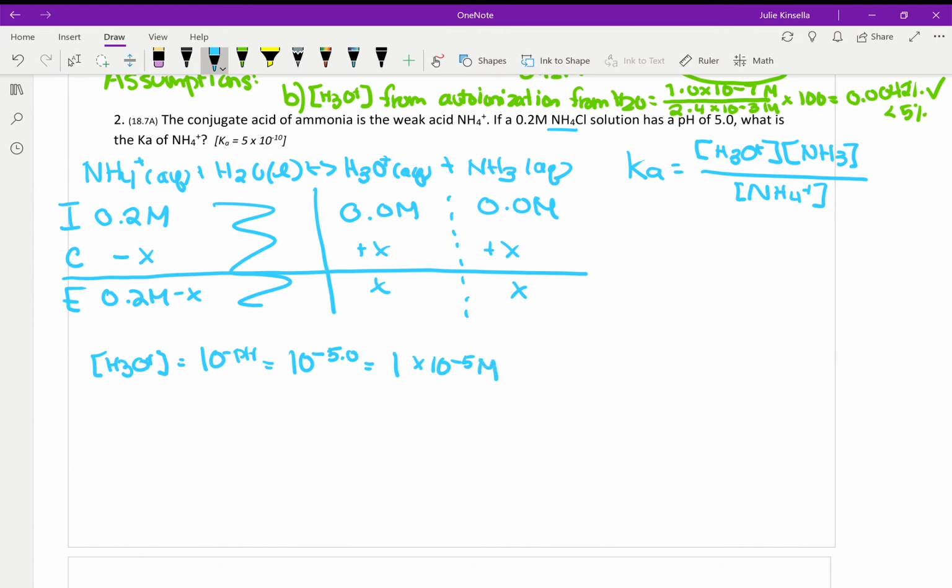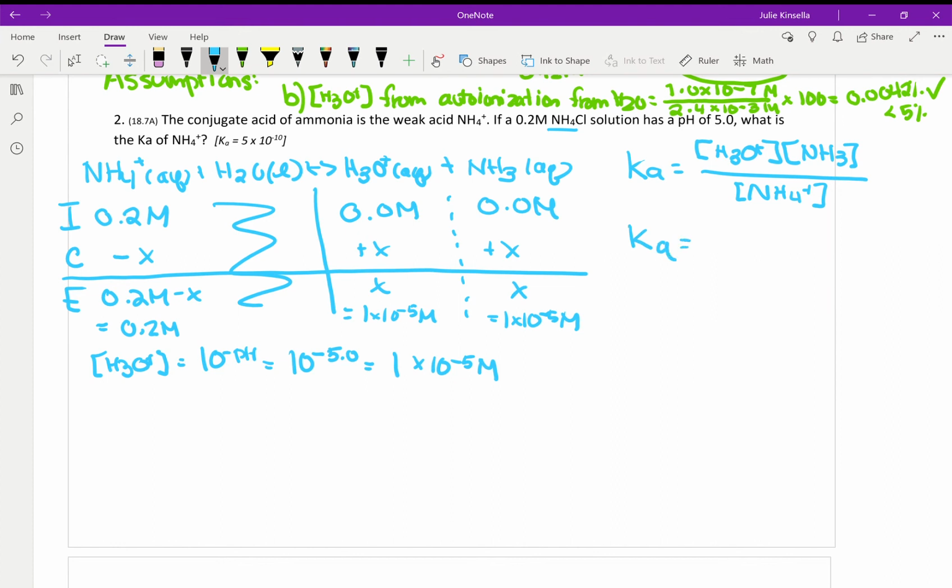All right, we can go ahead and plug that into our ice table. And same thing in this case, that is going to be much less than 5% here. So if we simplify this, we're still going to end up at 0.2. All right, now that we have all of our values, there's nothing else we're looking for in the Ka expression, so we can go ahead and solve for that.